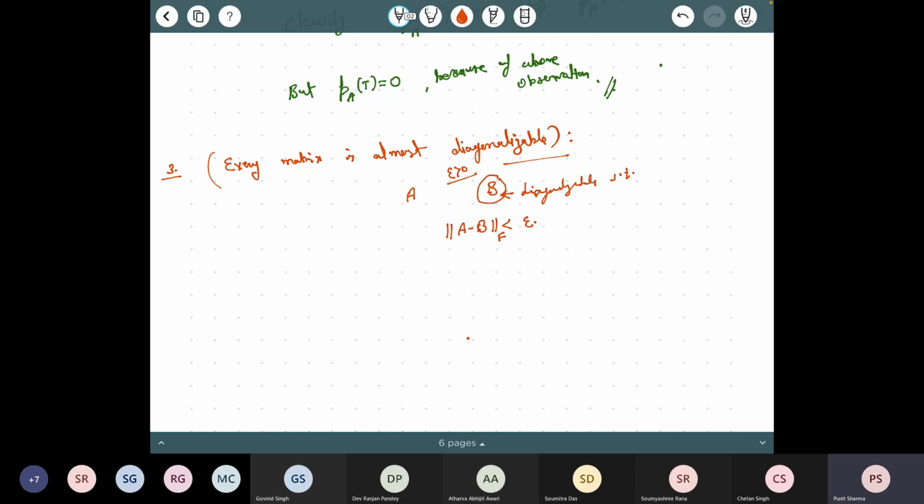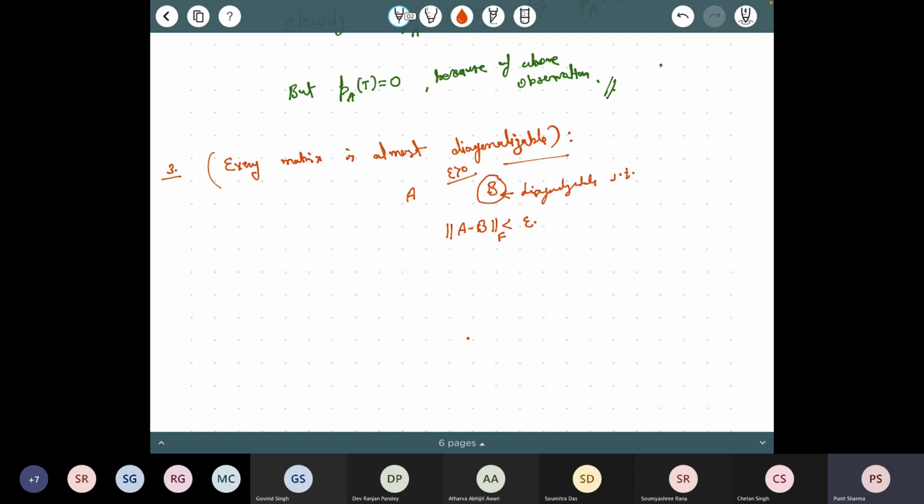Okay, this is very interesting because in theory, we know that not every matrix is diagonalizable, but in practice, because of rounding errors, when you enter a matrix in the computer, the probability that this matrix would be invertible is almost 1.